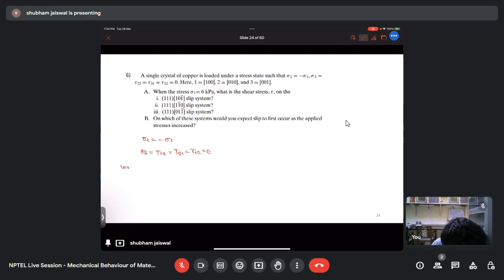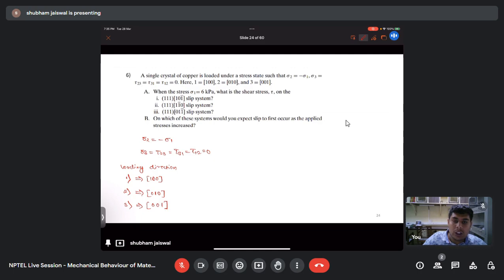And they have given the loading directions: the first is 100, the second loading direction is 010, and the third loading direction is 001. Now, this is a multiple state of stress.